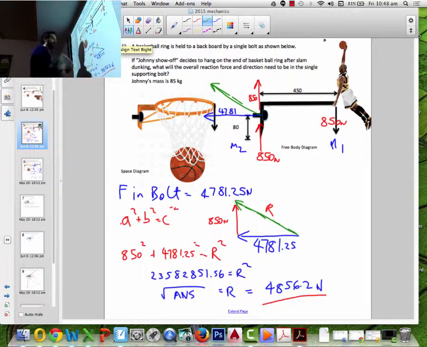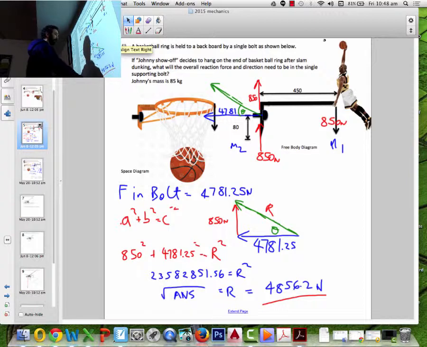To find the actual angle, we'll be finding the angle to the horizontal. The actual angle is this angle here, and we can use trigonometry. Sine is opposite over hypotenuse, but you can also use opposite over adjacent to find the angle.